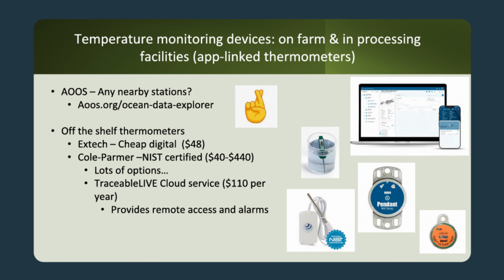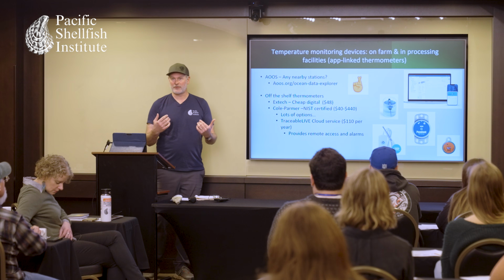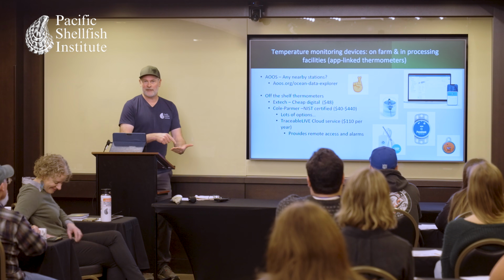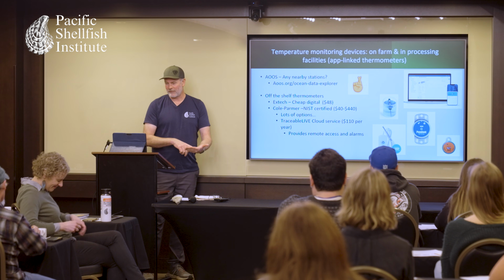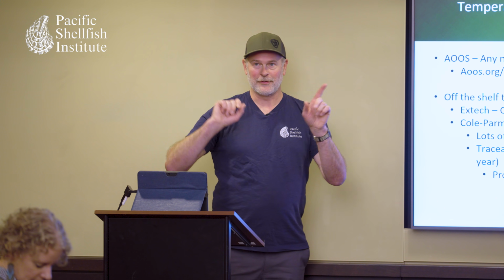They even have a cloud service, so if you have Wi-Fi or cell service, you can have access to remote access and alarms. So if you're in Hawaii or somewhere, you can stress about your water quality, temperature inside your facility or on your farm. So if you have access to some type of internet going out different places, this might be a good option.